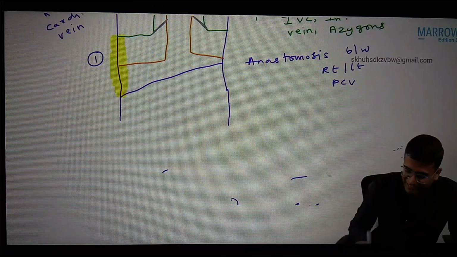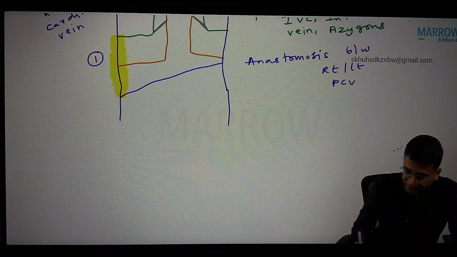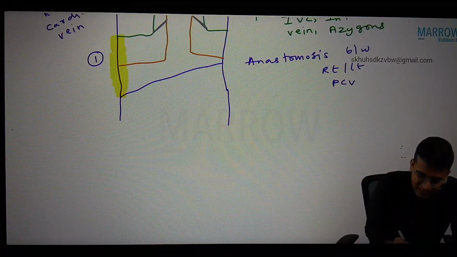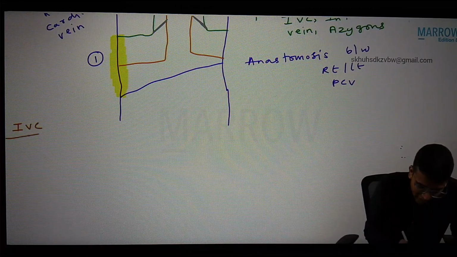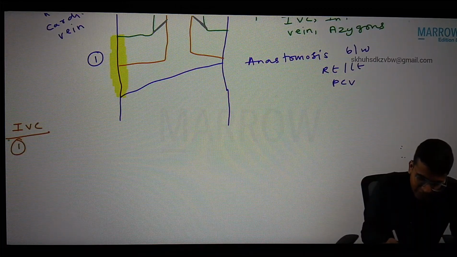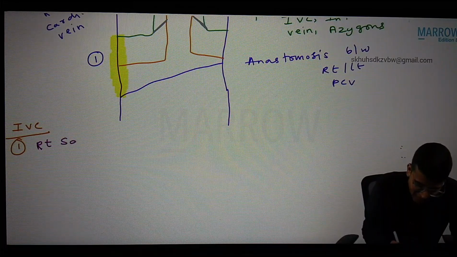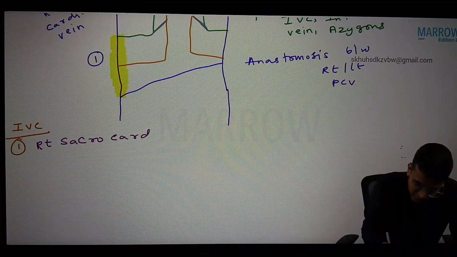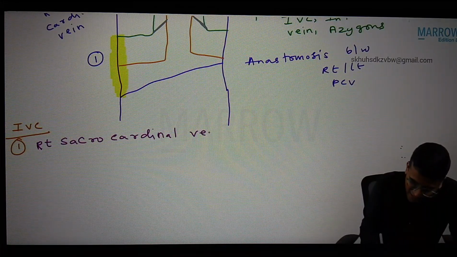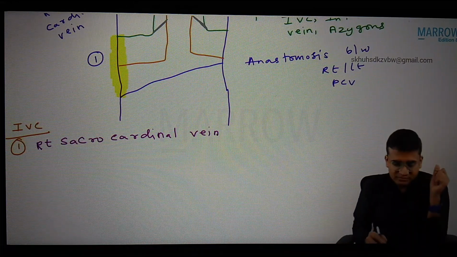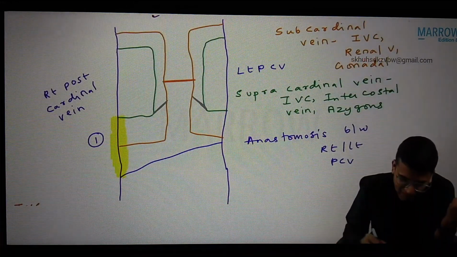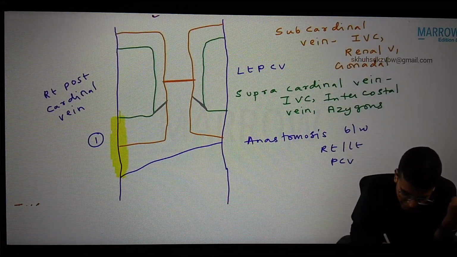So please write inferior vena cava derived from number one. So number one is right side sacrocardinal vein. Number two, this one.